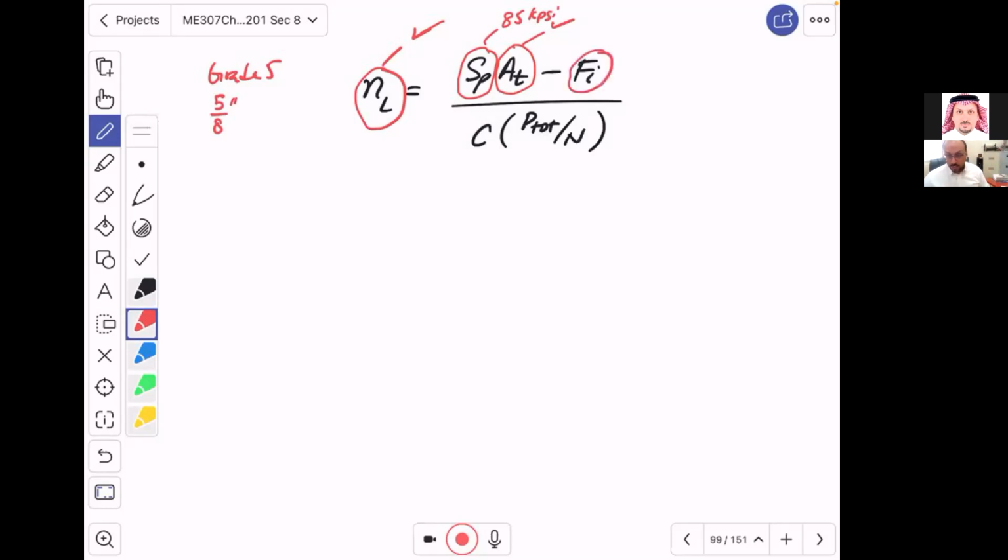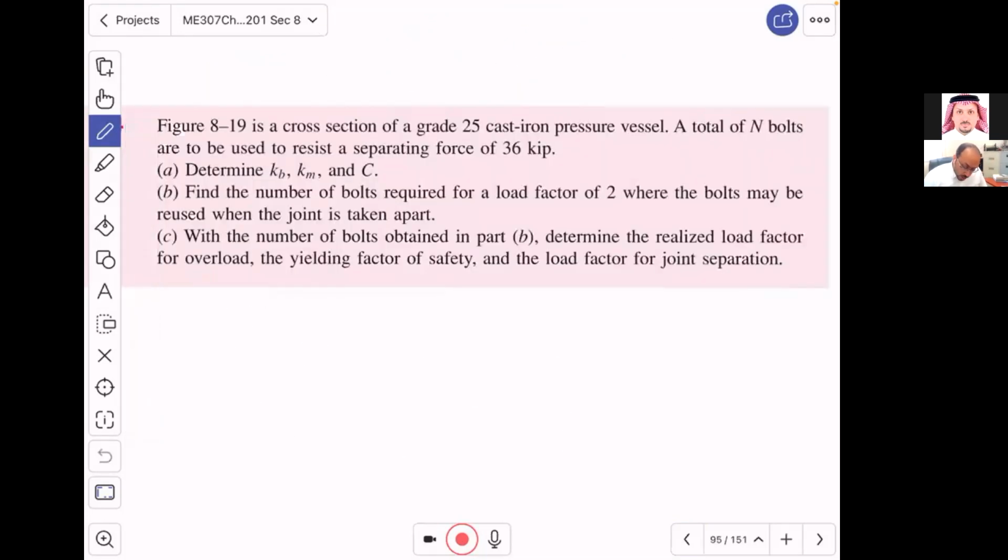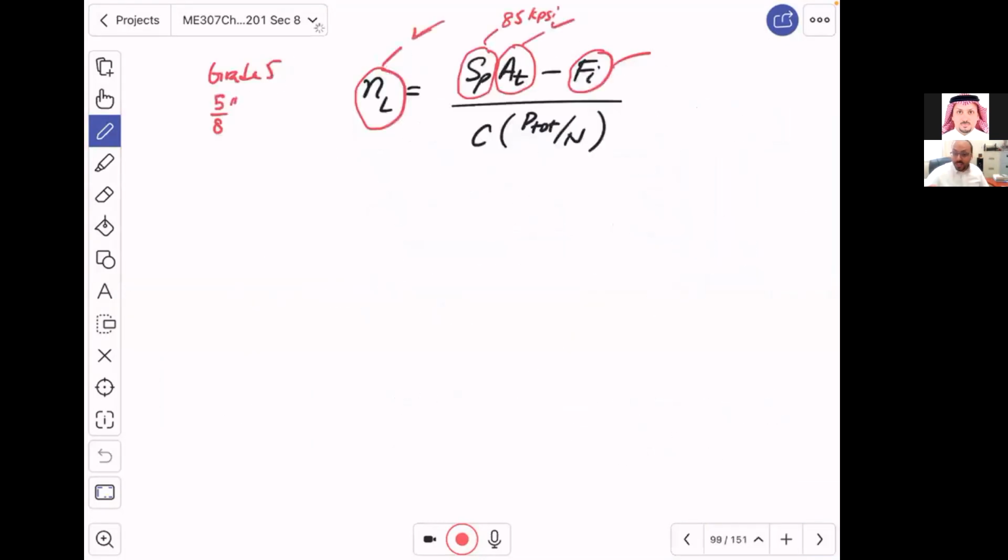Fi, in the question, I forgot to tell you, if you go back to the question, what does it say? Let me go back so I can show you this keyword. It says, find the number of bolts required for a load factor of 2 where bolts may be reused. That word reused means it is not permanent.